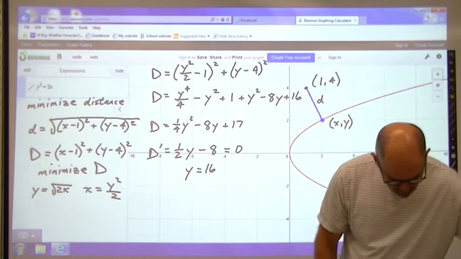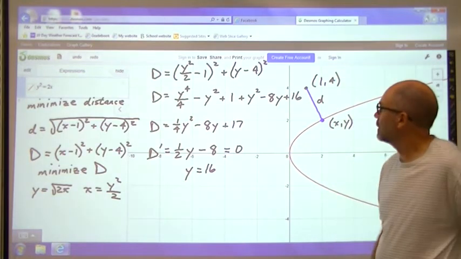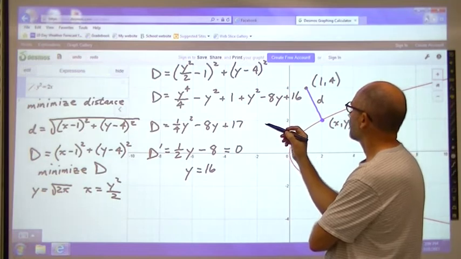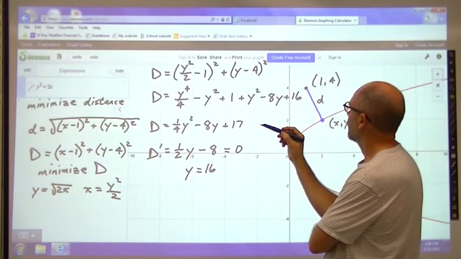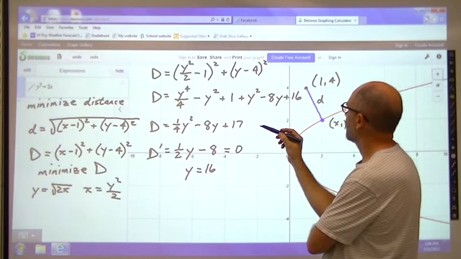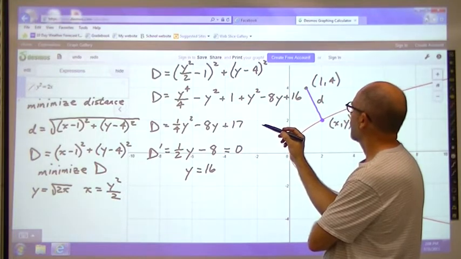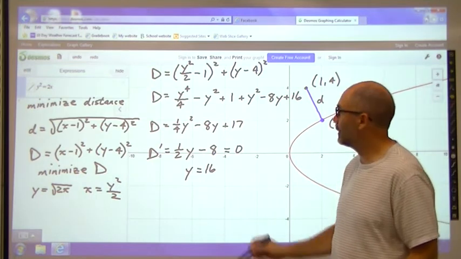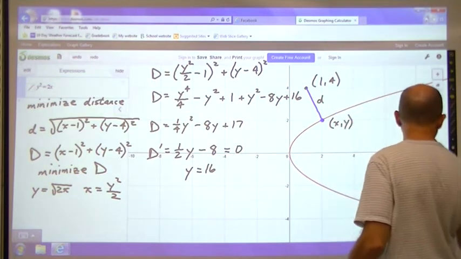Yeah, y should equal 2, and it doesn't. Why doesn't it? Oh, how come you guys didn't tell me about that?